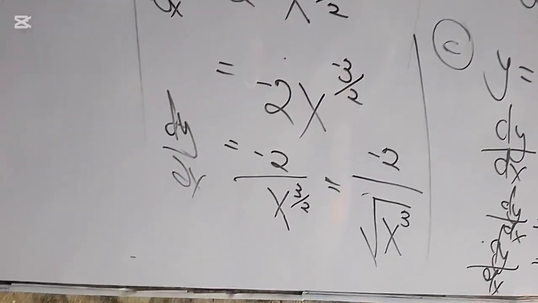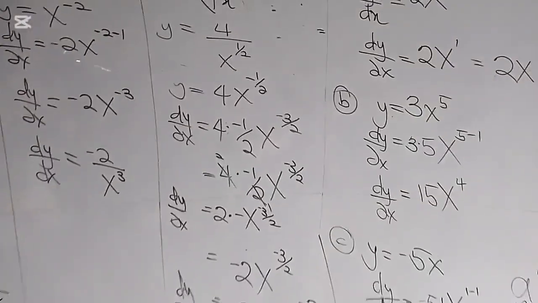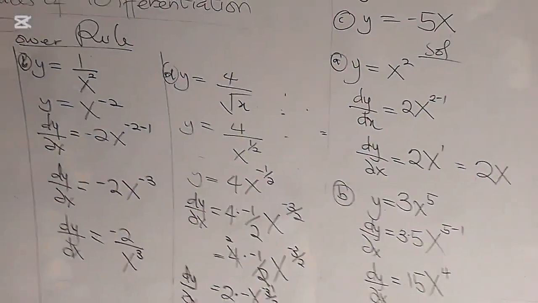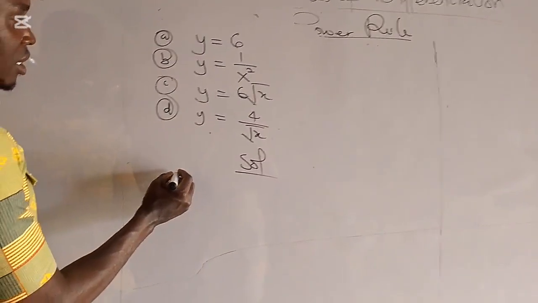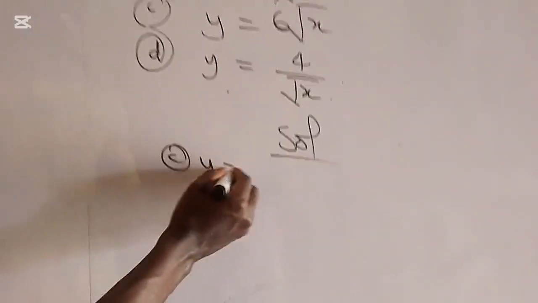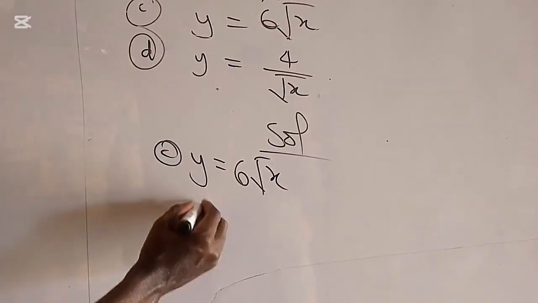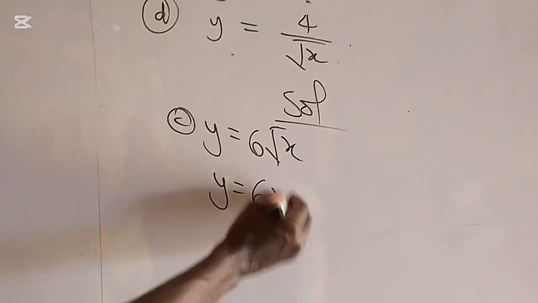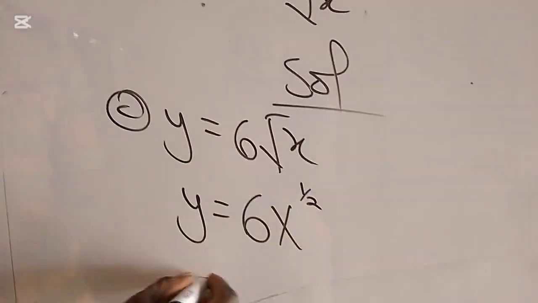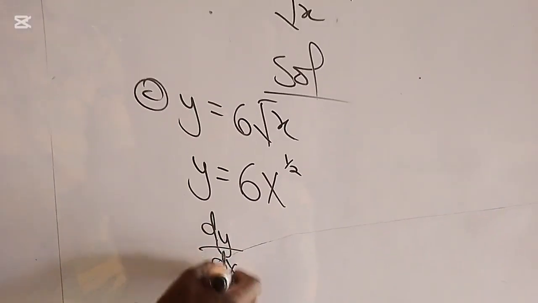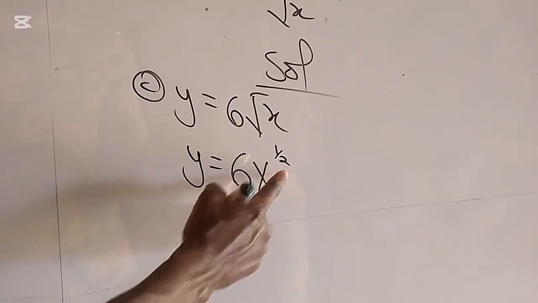So that is it. Now let's combine the variables and then the numbers, and we'll solve some other questions. C, which is y is equal to 6 root x. This can equally be written as y is equal to 6x exponent 1 out of 2. So how do we differentiate? Our dy/dx is equal to, we drop our 1 out of 2 to multiply the 6.